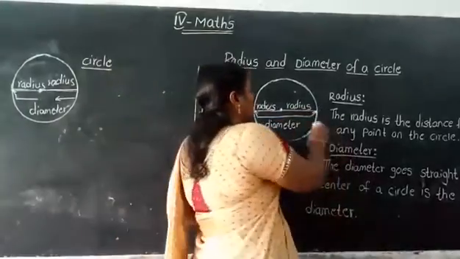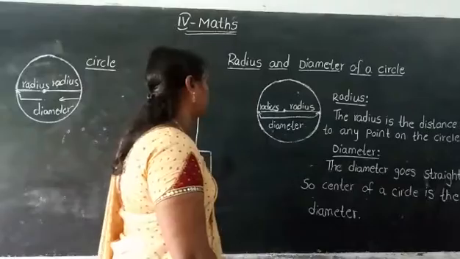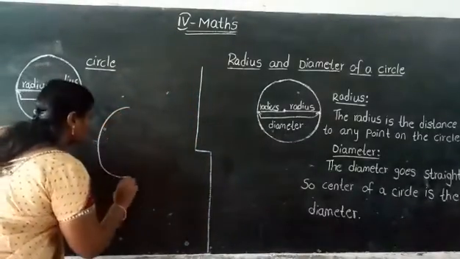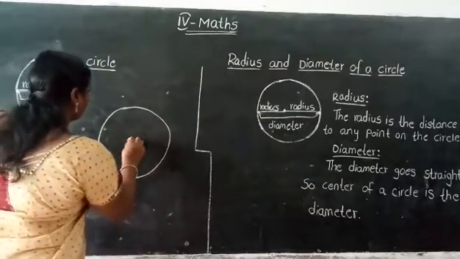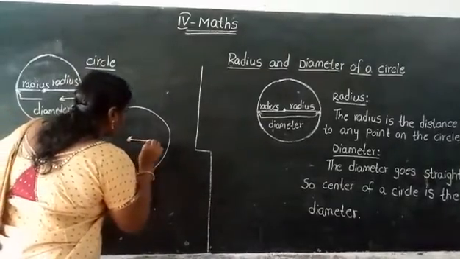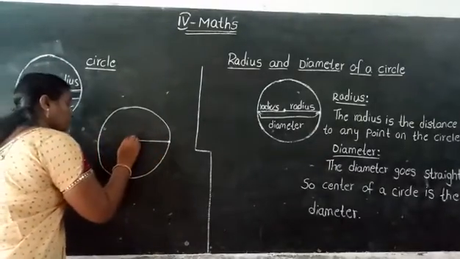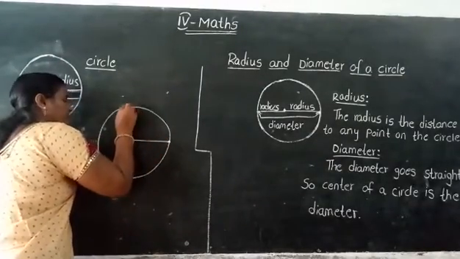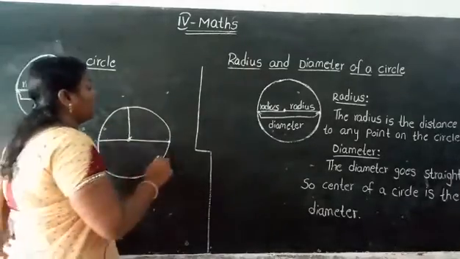Radius. The radius is the distance from the center to any point on the circle. See here, the radius is the distance from the center point to any point on the circle. This is one radius and this is also a radius. The plural form of radius is radii.